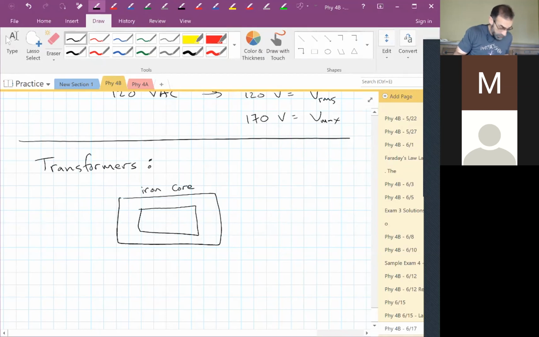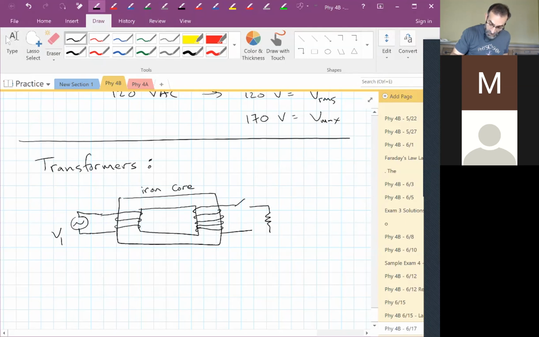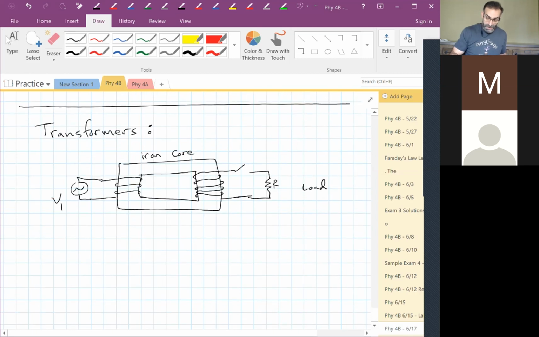We have a coil over here on one side, and some kind of an input voltage. And we have a coil over here on the other side, and maybe a resistor over here, usually called a load resistor.